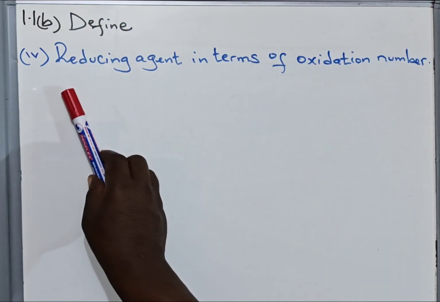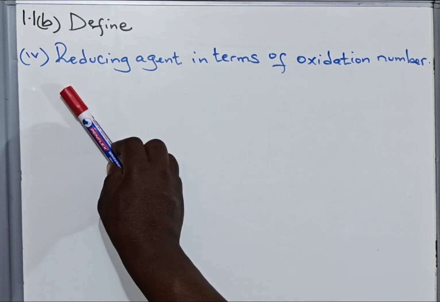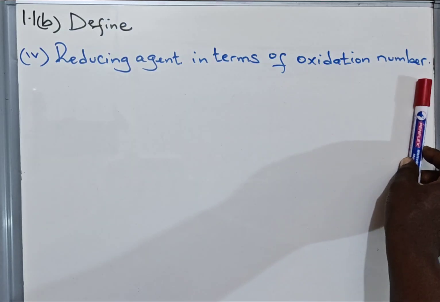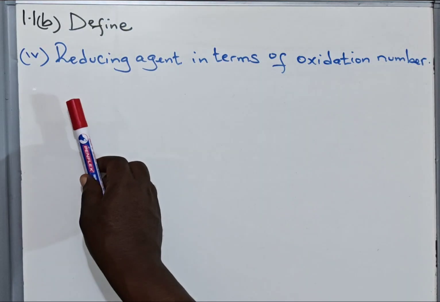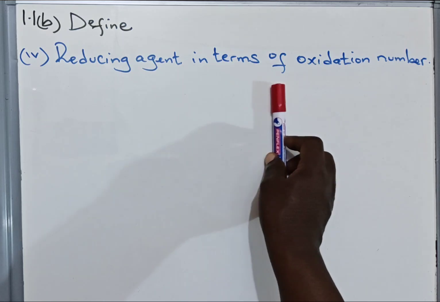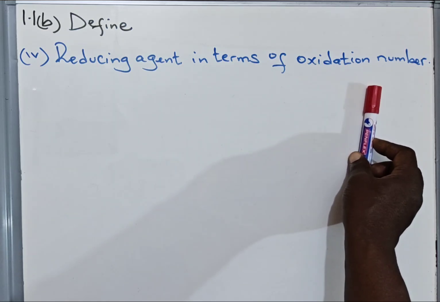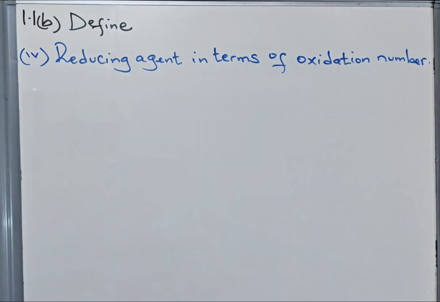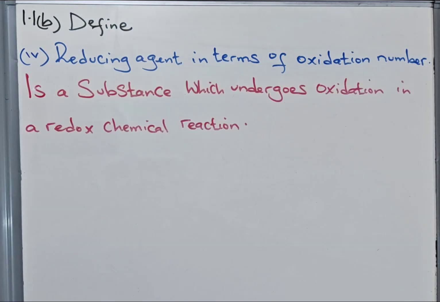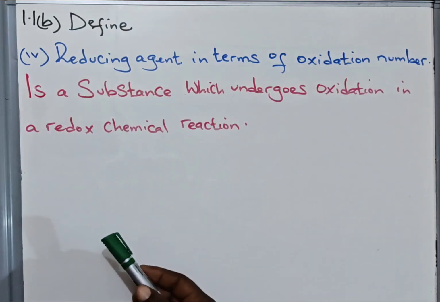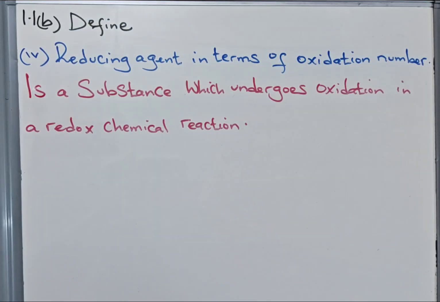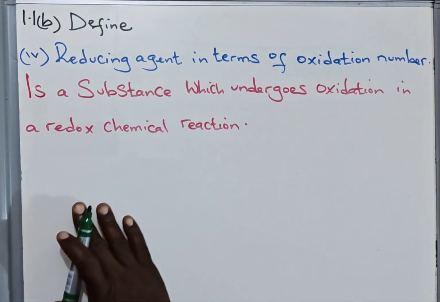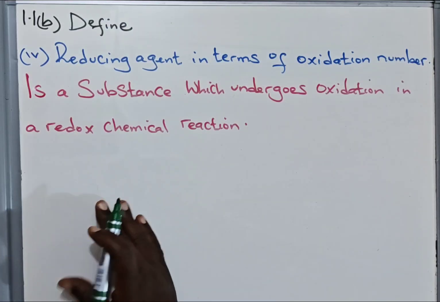Then we come to this one. It says, define reducing agent in terms of oxidation number. A reducing agent is a substance which undergoes oxidation in a redox chemical reaction. To explain this one, let's go back to our case where zinc is coupled with copper.